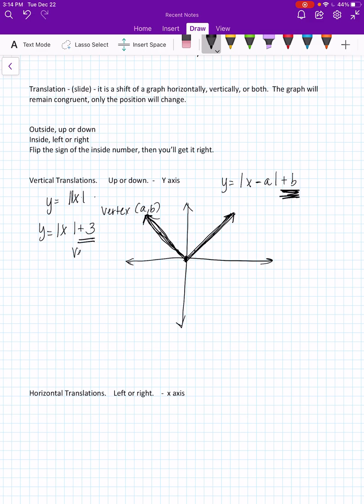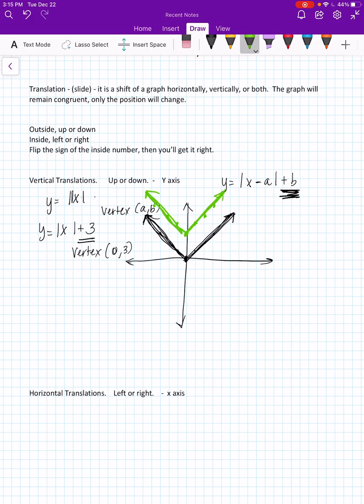So my vertex would be 0 on the inside, and the outside would be 3. I'm going to graph this one in green. So my vertex would be (0, 3), and again my slope is 1: up 1, over 1, up 1, back 1. So something like this, and I graph it.